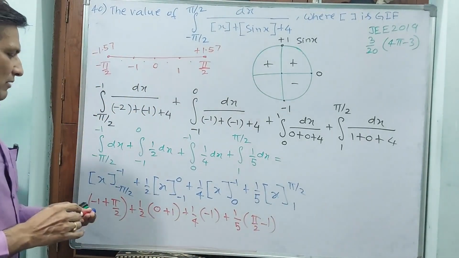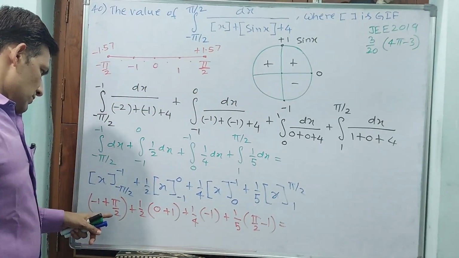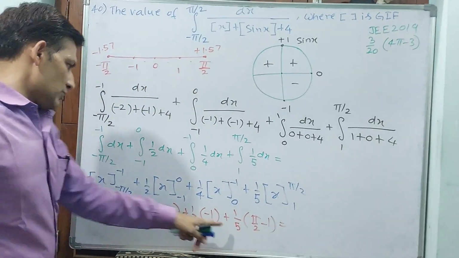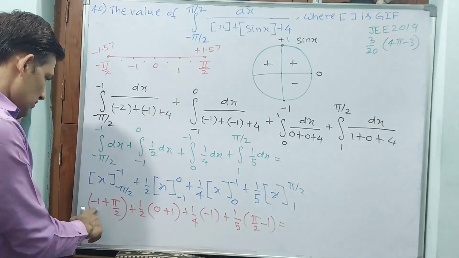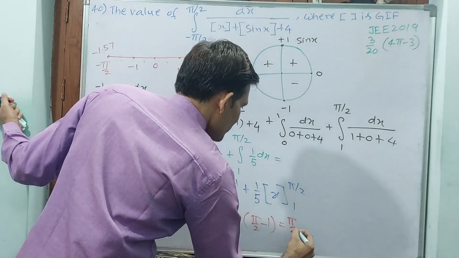Okay? And now you have to solve this. Right now, see, plus pi by 2, this also you have to send inside, then only you can do.